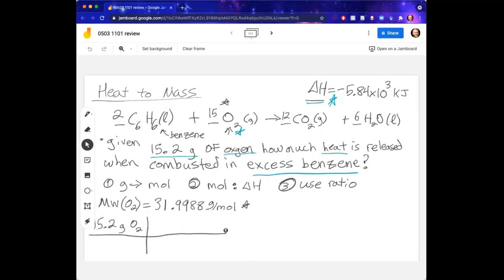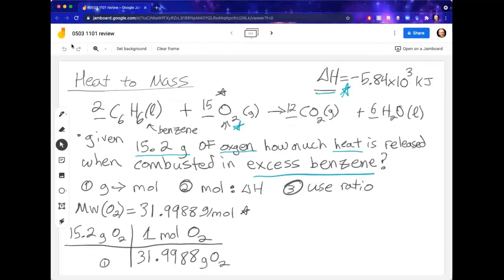If I'm in grams and I want to go to moles, I'm going to divide by the molar mass. So in this case, I've got 31.9988 grams of O2. And this is where I'm saying again that it's always defined with respect to 1 mole when we're thinking of the molecular weight. So this process right here is step 1 from above.